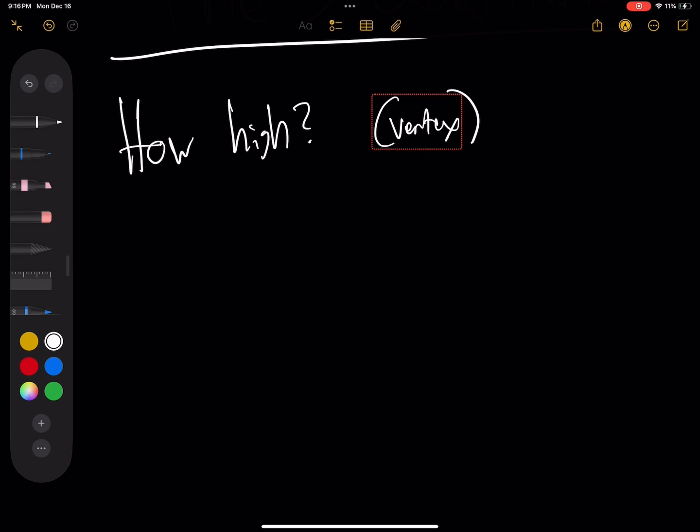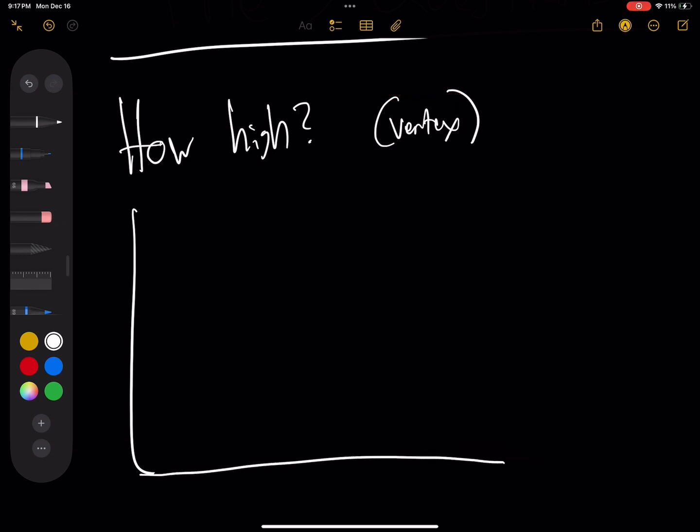I'm going to remind myself not to print this next time. Another graph, maybe one that's level. Sure. At the vertex, the vertical velocity is going to be 0.